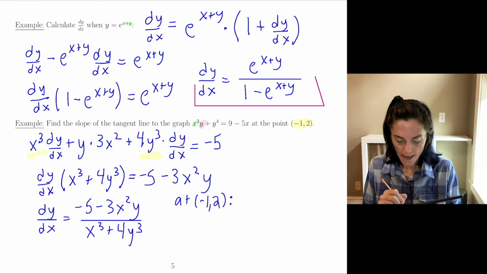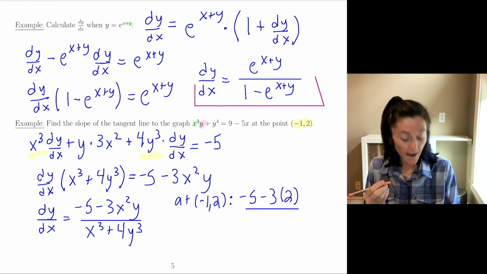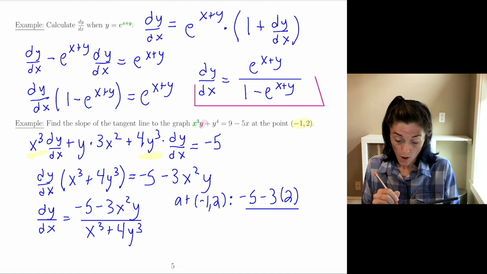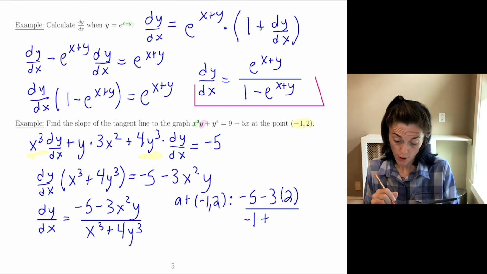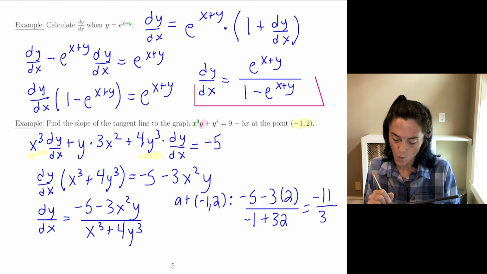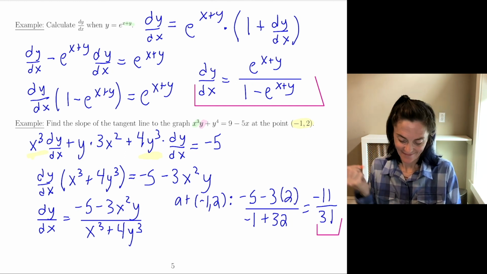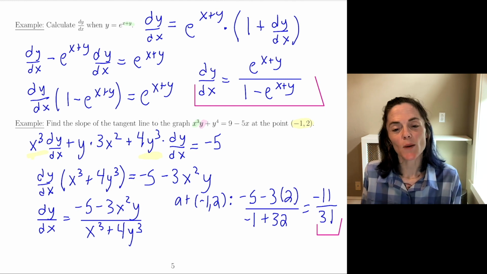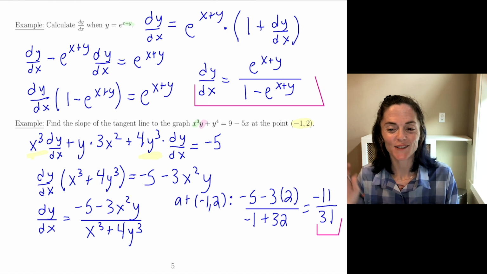We get minus 5 minus 3 times 2 divided by minus 1 plus, well, 4 times 8 is 32. Oh, what is this? It's negative 11 divided by 31. This is the slope of the tangent line to this graph at the point (-1, 2).